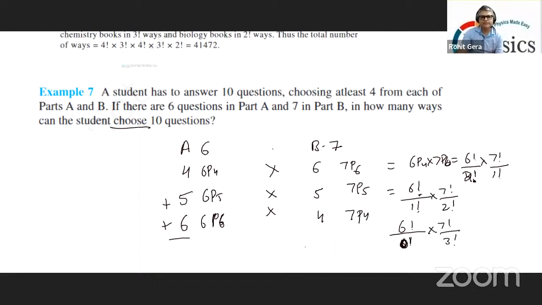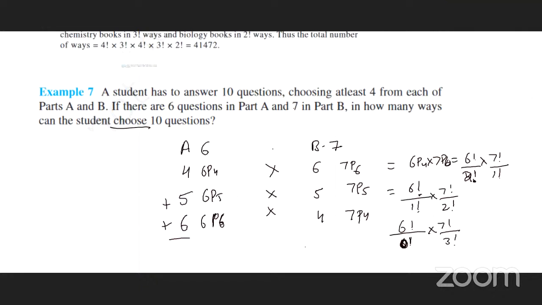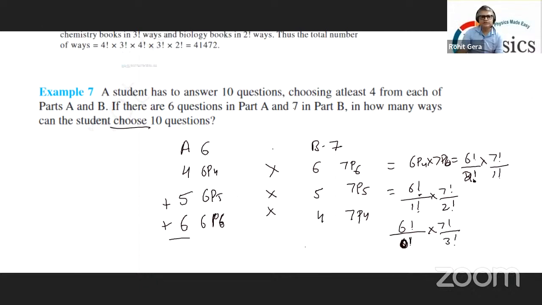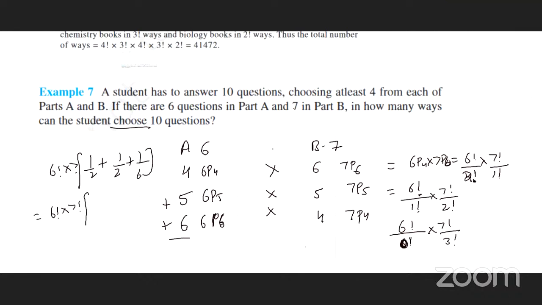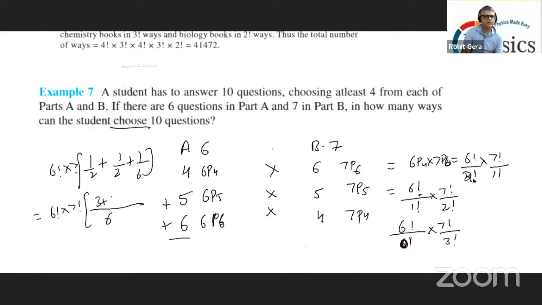So this will become how much? 6 into 5 into 4 into 3. 2 will get cancelled. So you will get huge numbers. So 6 factorial is common, 7 factorial is common. So 1 upon 2 plus 1 upon 2 plus 1 upon 6. 6 factorial into 7 factorial. 6, 3 plus 3 plus 1.